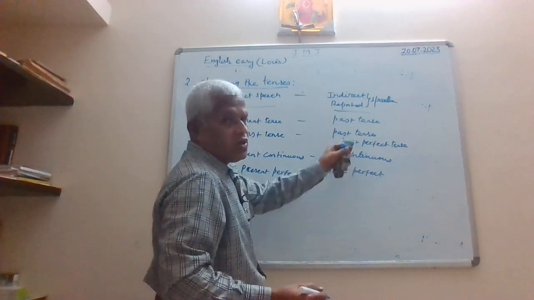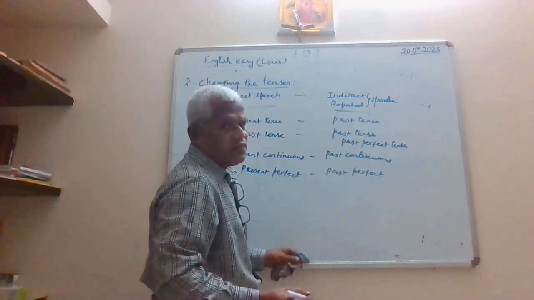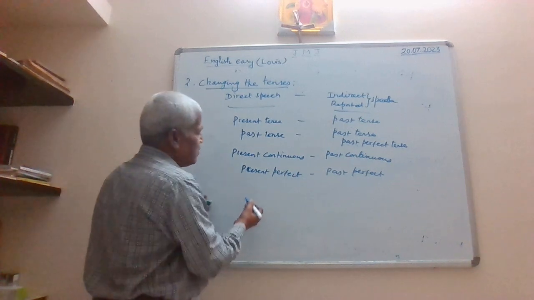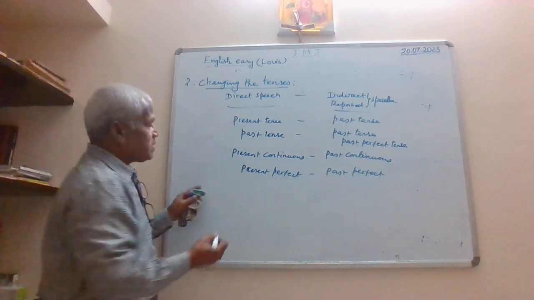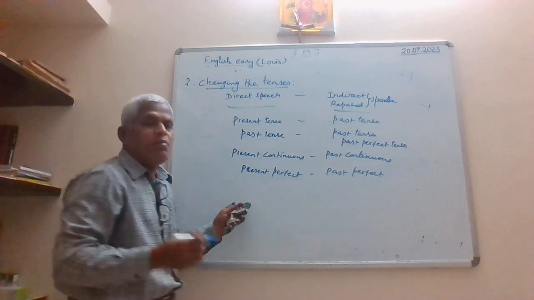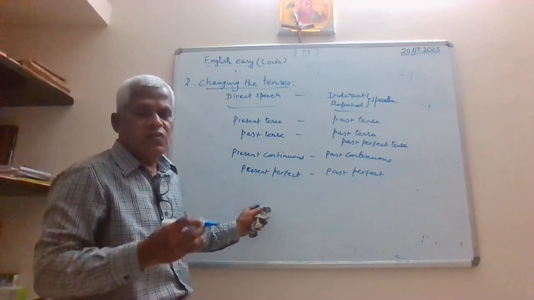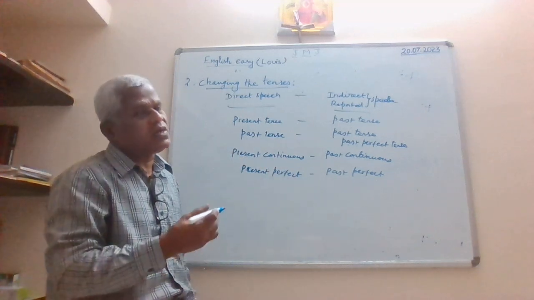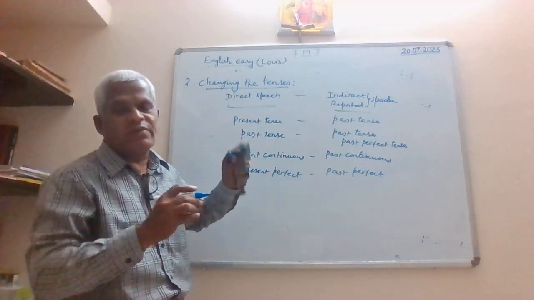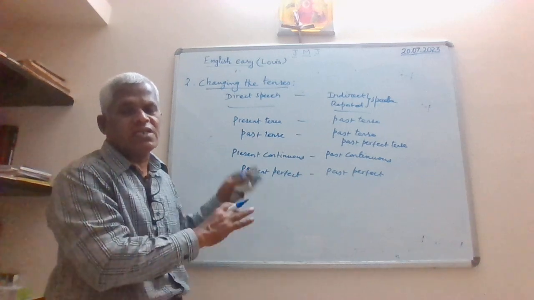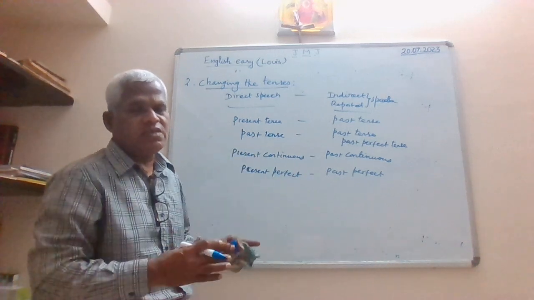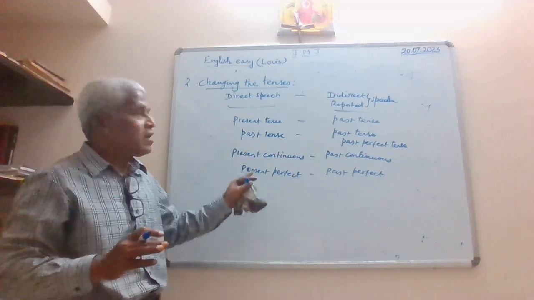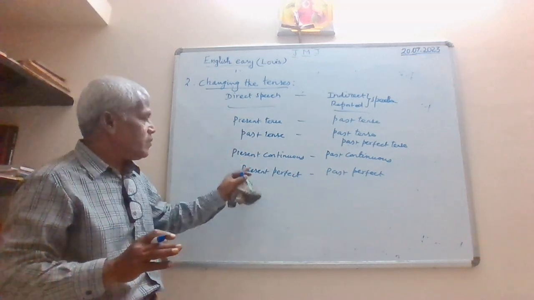Of course, more or less these are the same verb forms. And then you have the other tenses. Past continuous can also be changed into different sentences. We will discuss those rules when we are discussing various statements in various tense forms. Since we are discussing the general rule of changes in tenses, I am just giving you this.